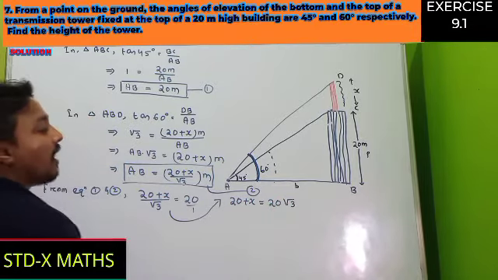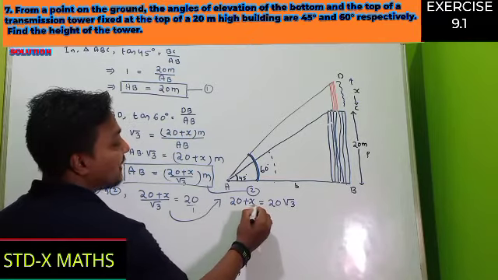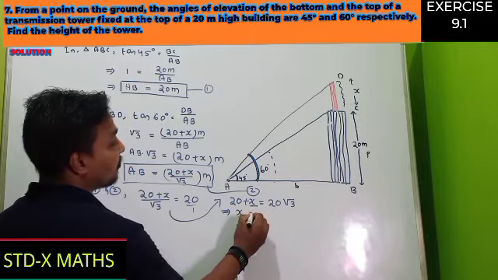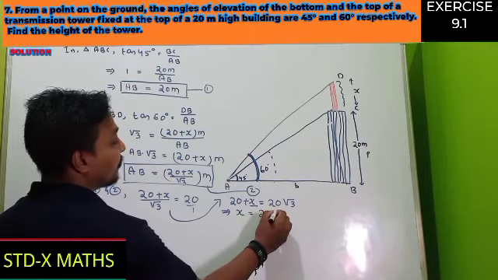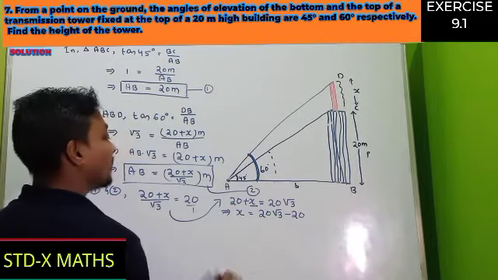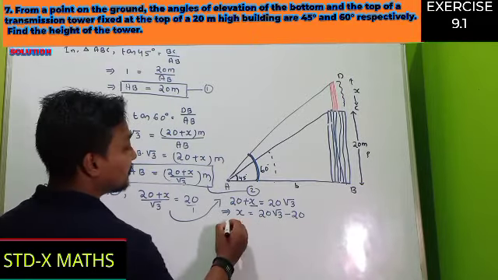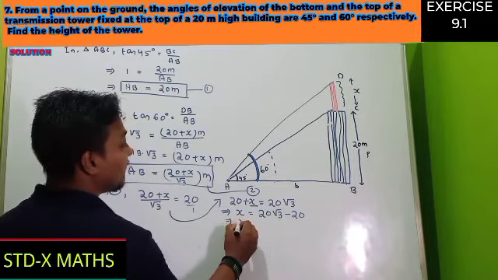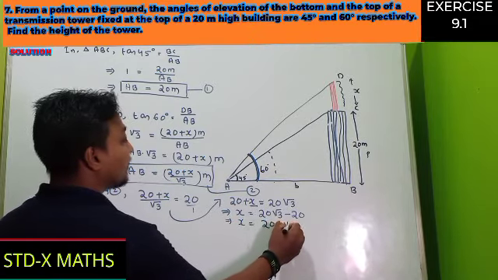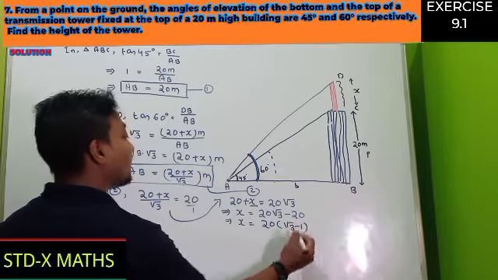I want the height of the tower, which is x. So x equals 20 root 3 minus 20. Taking 20 as common, x equals 20 into root 3 minus 1.